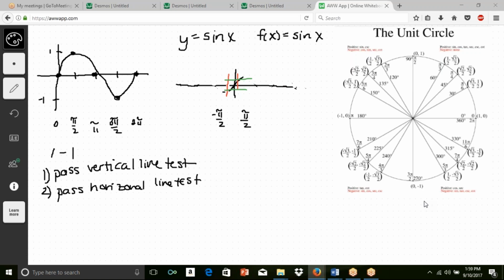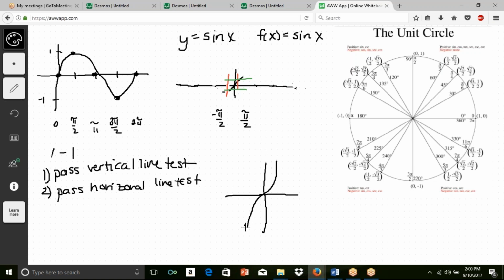So now that we know that we have to pass the vertical line test and pass the horizontal line test, let's take a look at sine and what we can do. Now, before we do that, though, I have to talk about what an inverse function looks like. So let's say that I have some function here. Let's say my function looks like this.